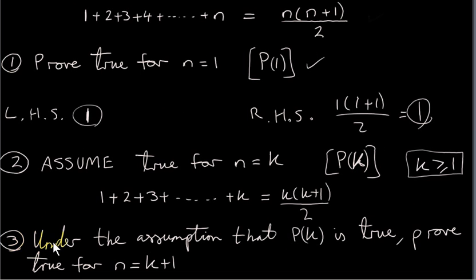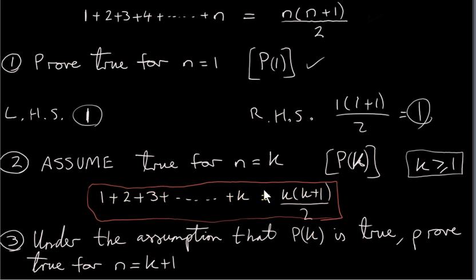So we are assuming that this thing is true. Step 3, under the assumption that proposition k is true, prove that the statement is true for n equals k plus 1. So what we need to do now is to assume that this is true. So we need to build on this. And by building on this, we want to prove that our statement, which is this up here, is true for n equals k plus 1.